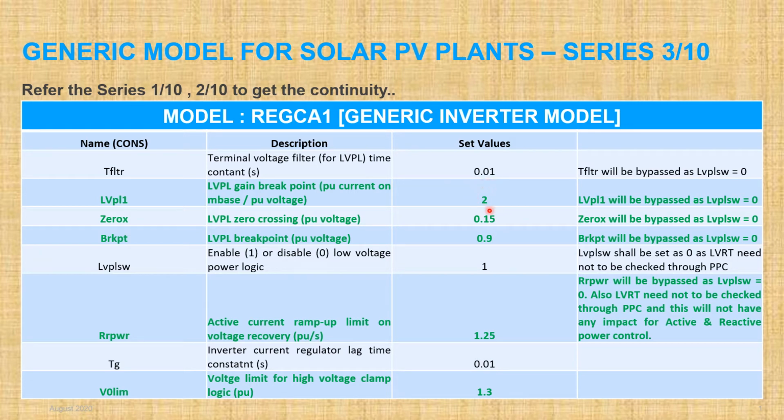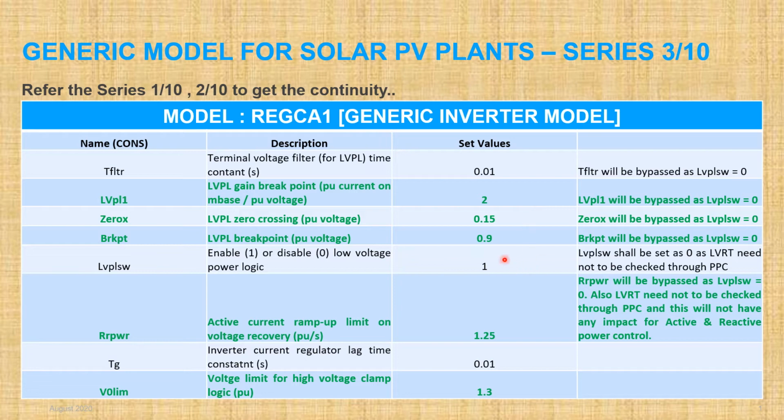So this is a very important parameter. In various countries and grid codes it ranges from 0 to 4, so 0, 1, 2, 3, 4. Here we have chosen K equal to 2.